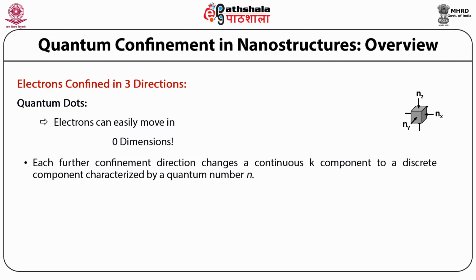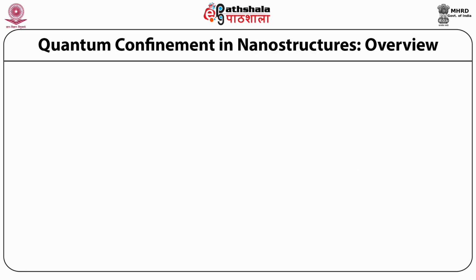So, each further confinement direction changes a continuous k component to a discrete component characterized by a quantum number n. Now, if we start discussing the density of states, DOS, density of states equal to dn by dE, which is equal to dn by dk multiplied by dk by dE.